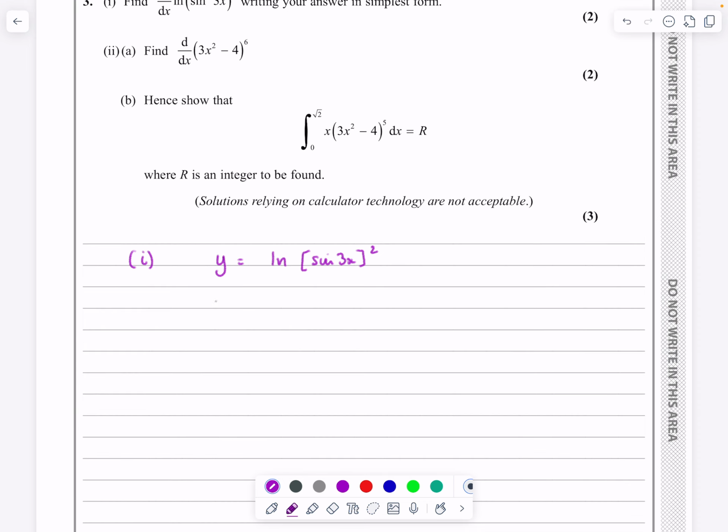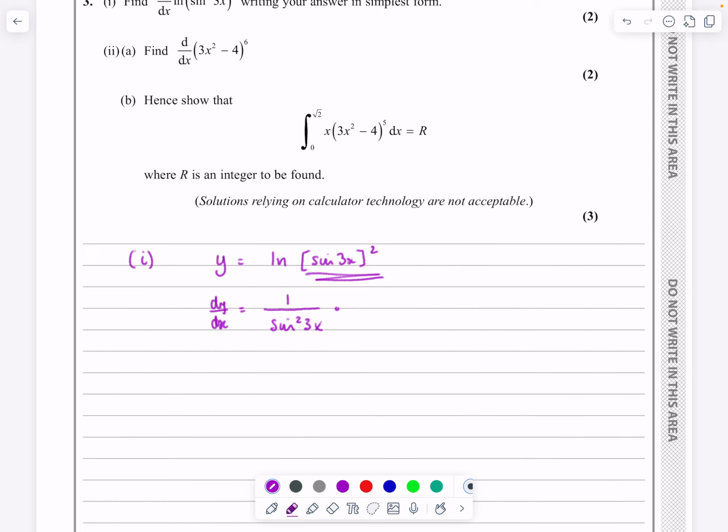Let's do the chain rule, as I say, without writing too much down. The chain rule is: differentiate the function in the way that you would differentiate it. So in this case, the differential of log is 1 over x. So it's going to be 1 over sine squared 3x, but then times by the differential of this thing here.